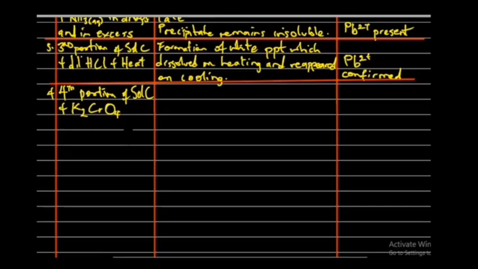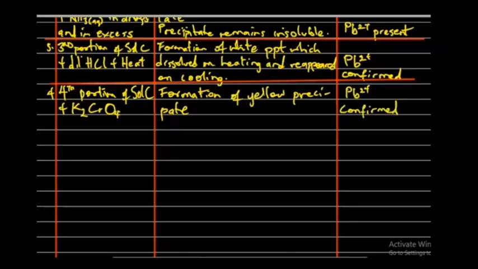From that we discovered that there was a formation of yellow precipitate, and this also confirmed to us that we have lead in that substance. So lead is also confirmed.